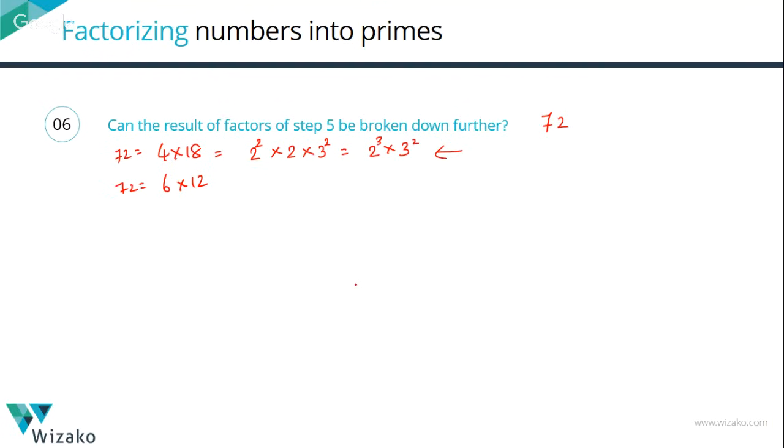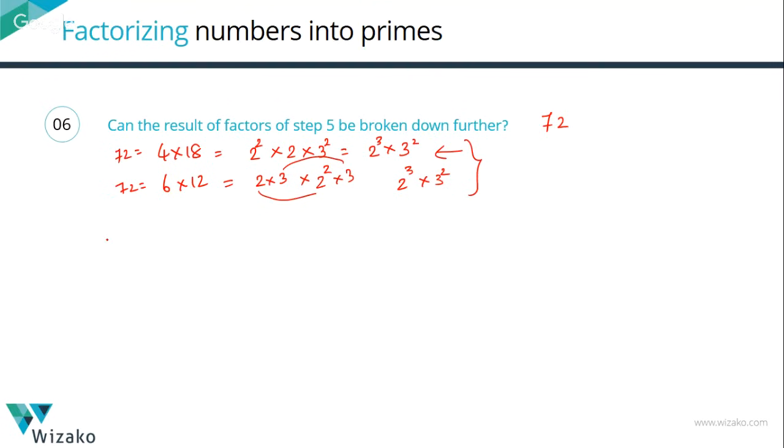Let's check out what happens when we write the 6 and 12 in terms of their prime factors. 6 is 2 into 3. 12 is 4 into 3. 4 is not prime, so let's write it as 2 square into 3. Club the 2s, it's going to become a 2 cube. Club the 3s, it's going to become a 3 square. Just check both these things. 72 was 4 into 18, was 2 into 36, was 6 into 12.